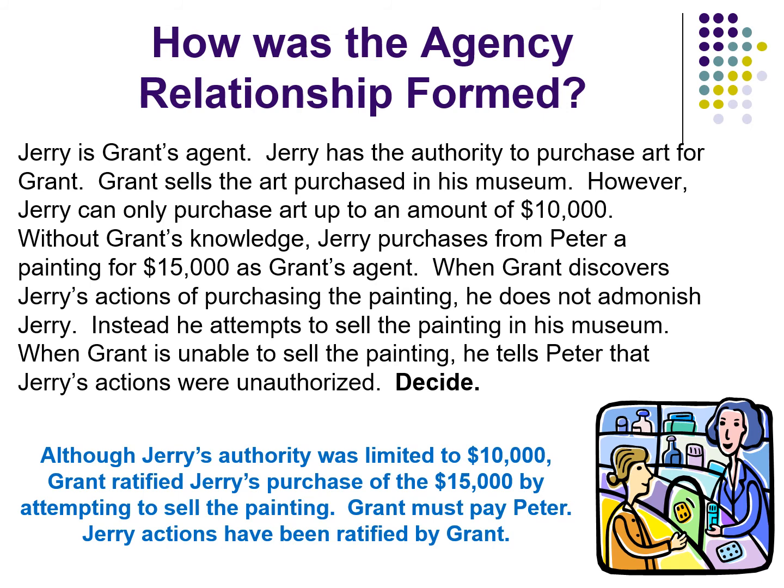So Grant is going to have to pay Peter, the third party. He will not be able to claim that Peter was working with an unauthorized agent because he ratified what Jerry did when he tried to sell the painting.